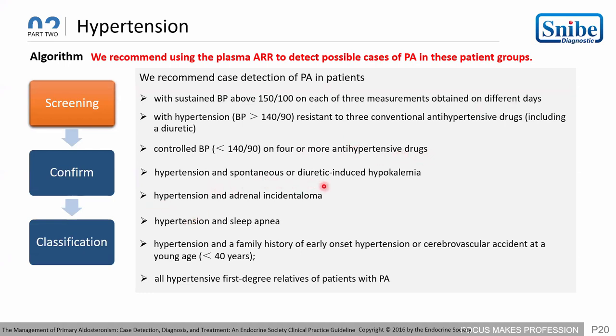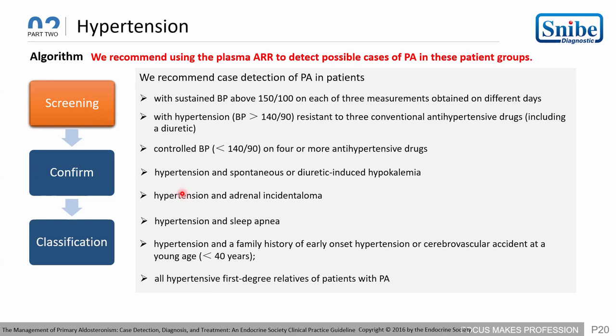Hypertension and spontaneous or diuretic-induced hypokalemia, hypertension and adrenal incidentaloma, and hypertension and sleep apnea. Also hypertension with a family history of early onset hypertension or cerebrovascular accident at a young age, less than 40. And all hypertensive first-degree relatives of patients with primary aldosteronism.